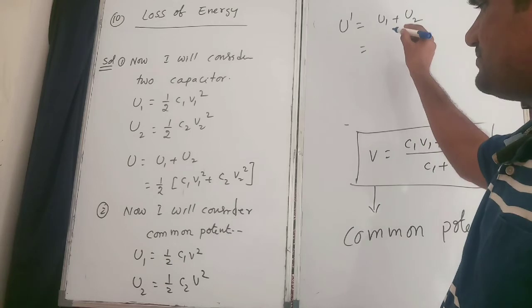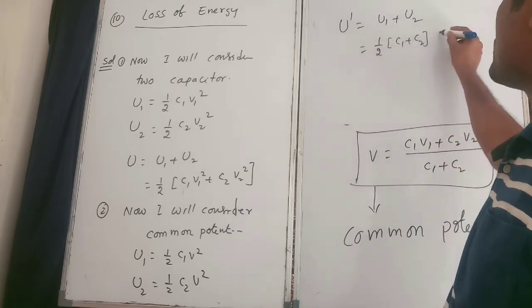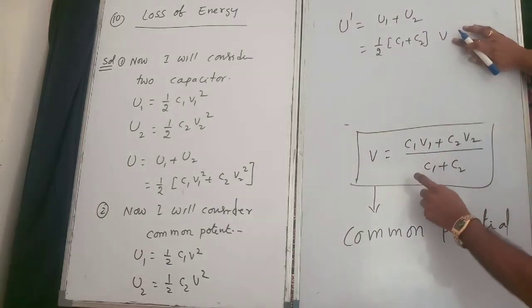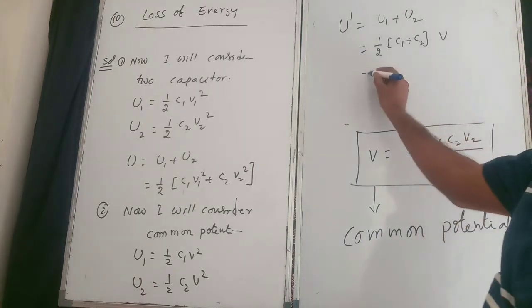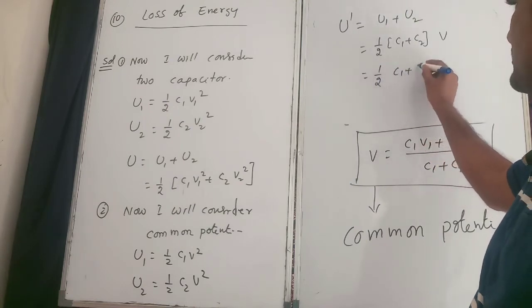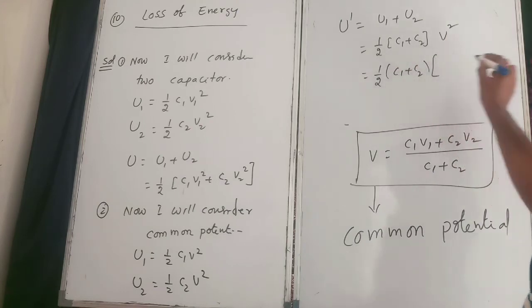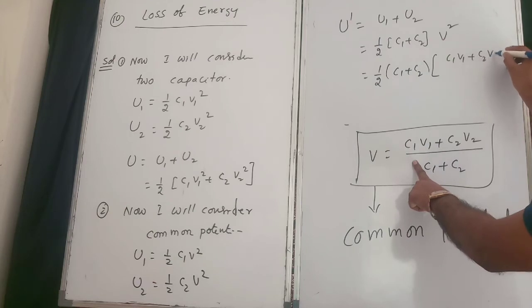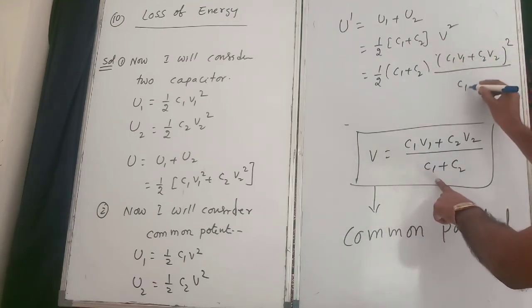So what is common? 1 by 2 into (C1 plus C2) common, and V square. V is the common potential. Therefore 1 by 2 (C1 plus C2) V square. So what is V? V is (C1 V1 plus C2 V2) whole square divided by (C1 plus C2) whole square.